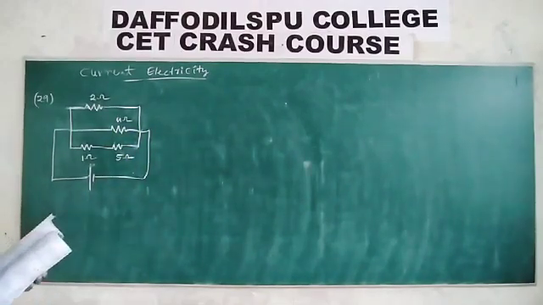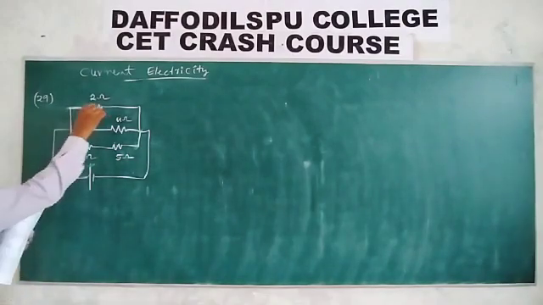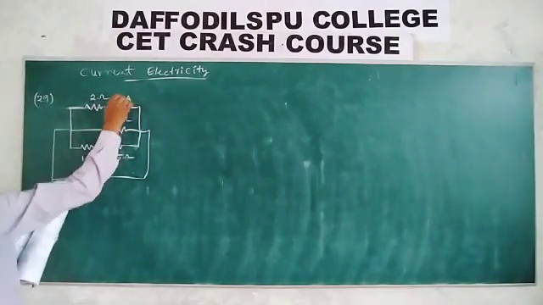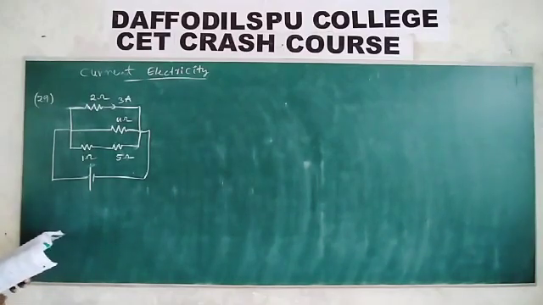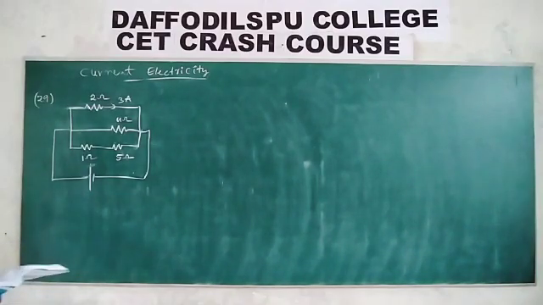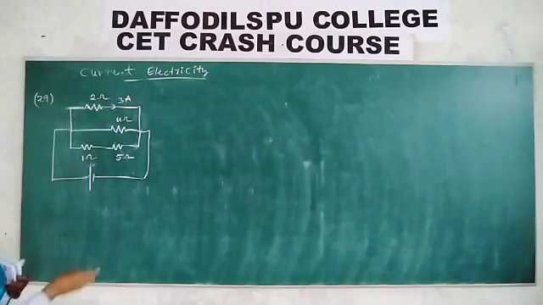A current of 3 ampere flows through the 2 ohm resistor. Here how much current is flowing? 3 ampere is flowing. Now they are asking to find the power dissipated in the 5 ohm resistor.